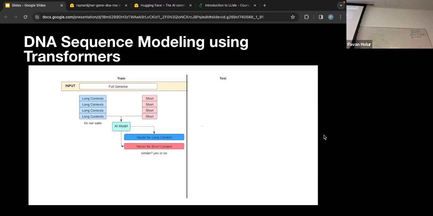That's where we are so far. What do we do with this? Well, we train this AI model. Remember, we're creating vectors corresponding to the long contexts and vectors corresponding to the short contexts.